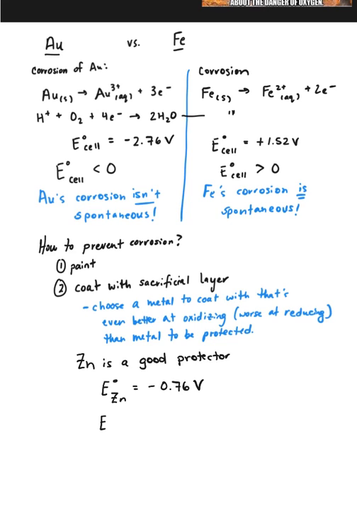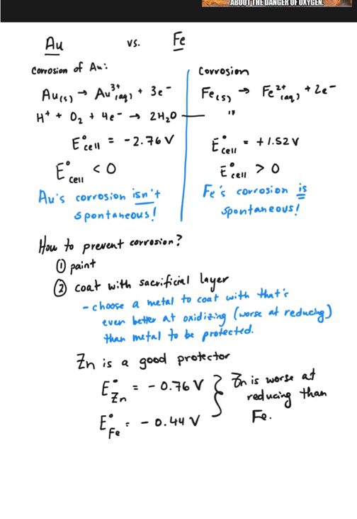The standard reduction potential for iron is given as only negative 0.44 volts. Zinc is worse at reducing than iron. And conversely, therefore, if it's worse at reducing, it must be better at oxidizing than iron. Therefore, zinc will spontaneously oxidize or rust before iron does.